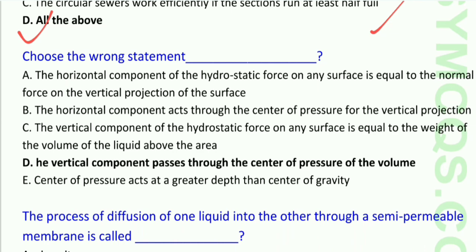Choose the wrong statement. The horizontal component of the hydrostatic force on any structure is equal to the normal force on the vertical projection of surface. Right. The horizontal component acts through the center of pressure for the vertical projection. Right.